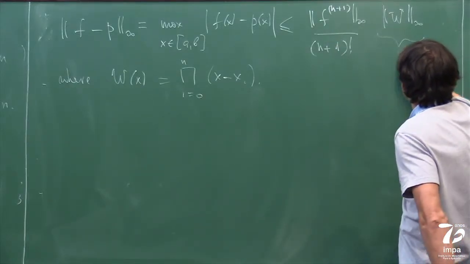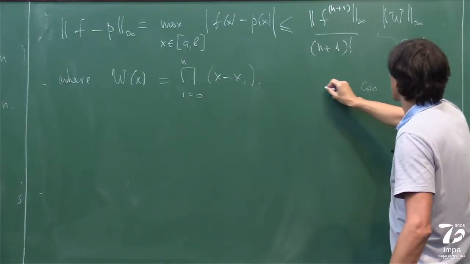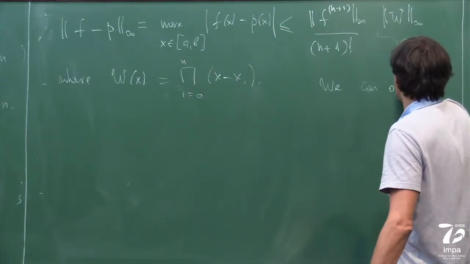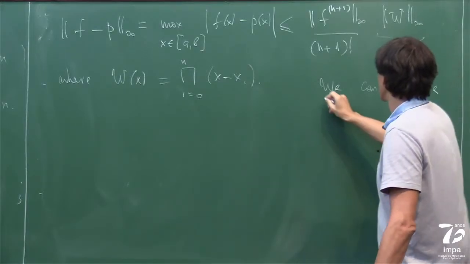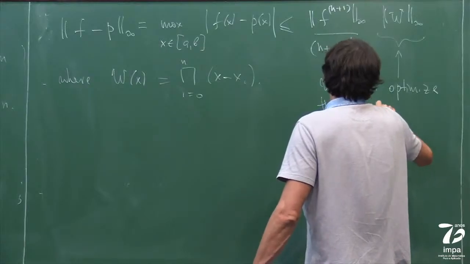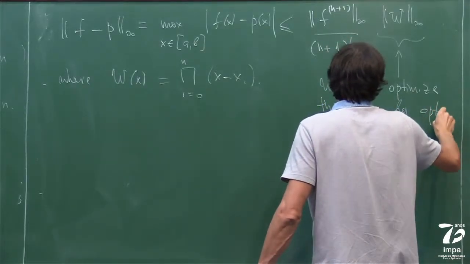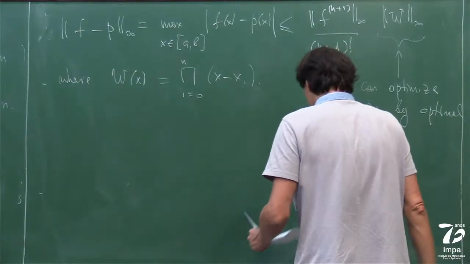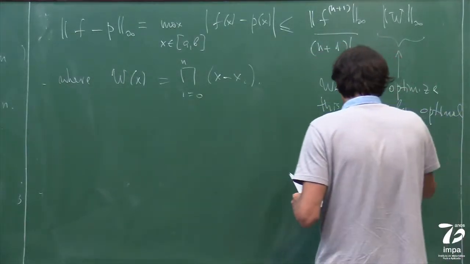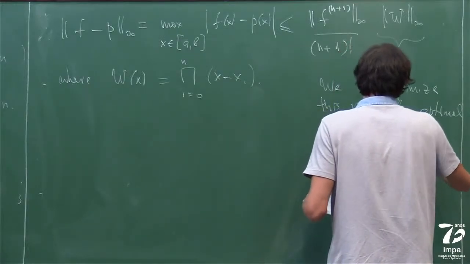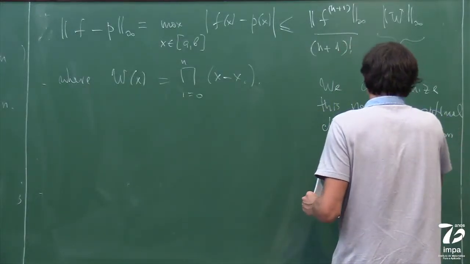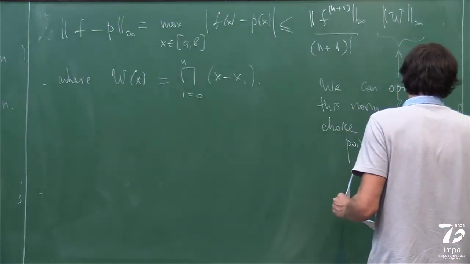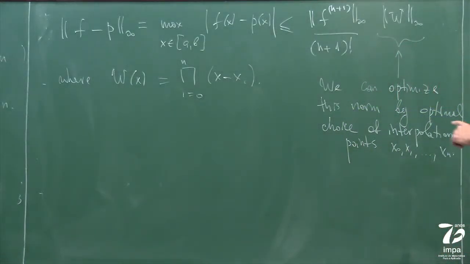So what in principle we can control, we can optimize this norm by an optimal choice of interpolation points. So this depends on interpolation points.